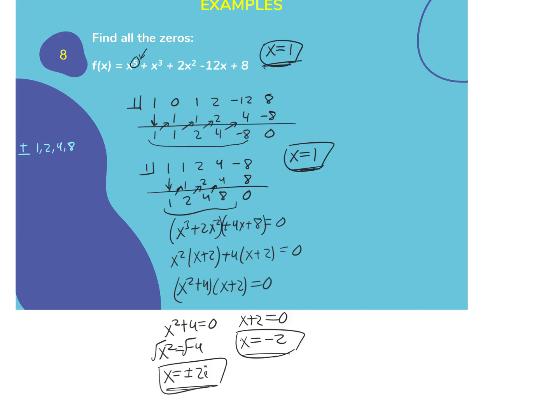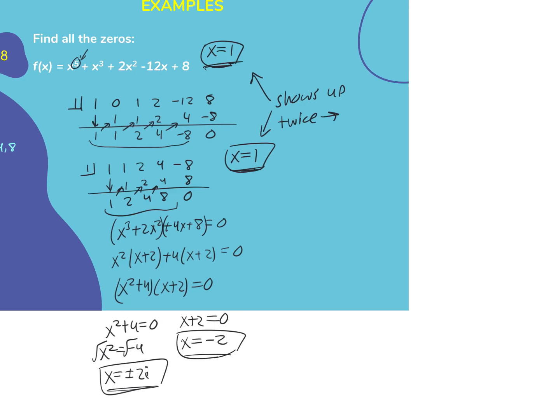So if you get a number that shows up twice, right? So the 1 and the 1 right here shows up twice. Let me make a note of this. Twice, right? That means it's going to have a multiplicity of 2. Multiplicity just tells you how many times your answer appears.